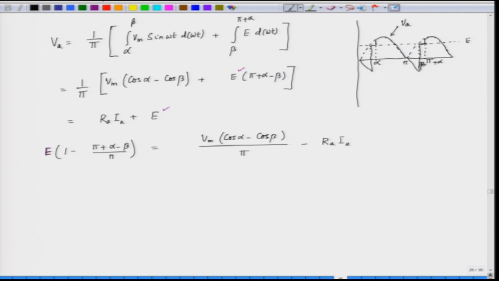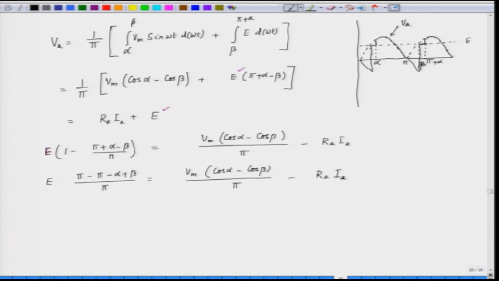Now, from this, E into beta minus alpha by pi is equal to Vm cos alpha minus cos beta by pi minus RA IA.